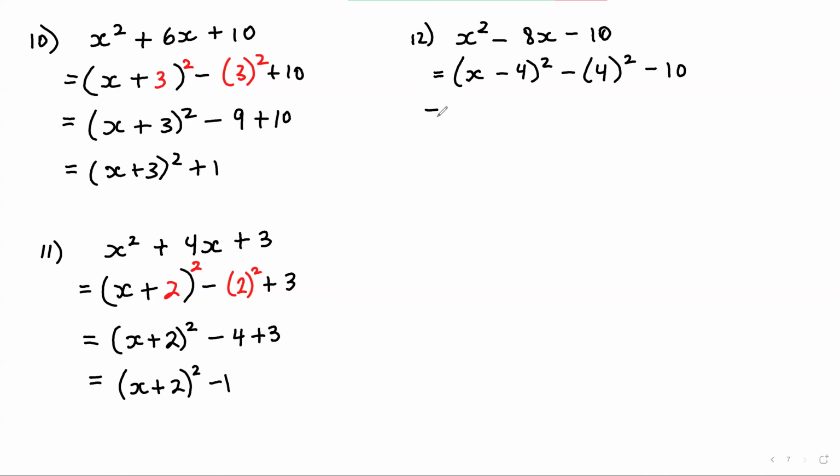So this would be x minus 4 squared minus 16 minus 10, which is equal to x minus 4 squared minus 26. Right? You just have to be careful with your signs. As you would notice, signs could really mess you up sometimes. I think that's the least favorite part for everybody.